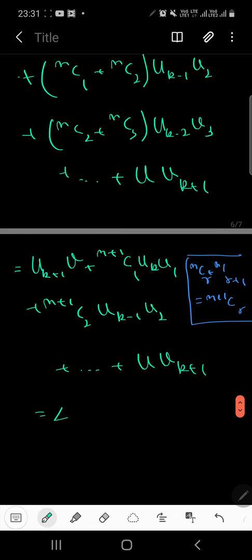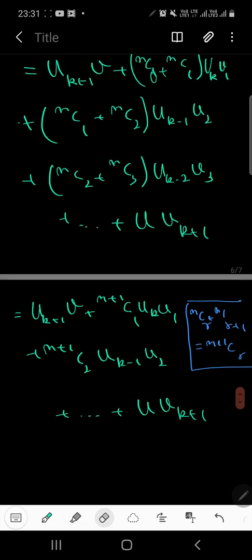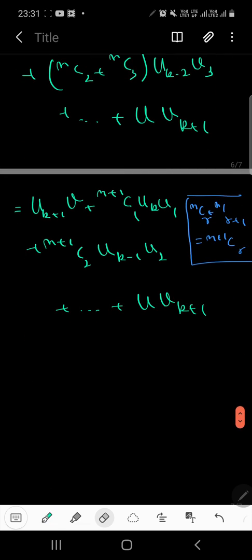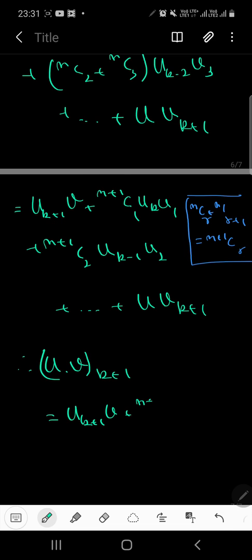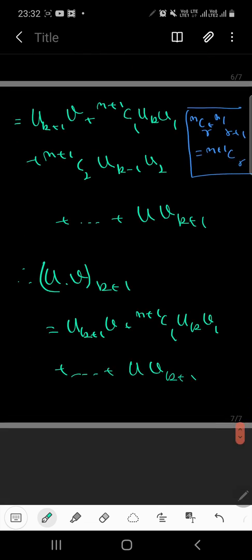Now this is equal to the RHS. Therefore, (uv)^(k+1) is equal to u_{k+1} v plus (k+1)C1 u_k v_1 up till u v_{k+1}.